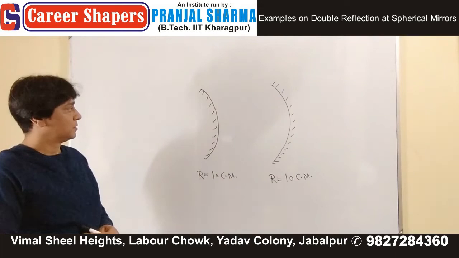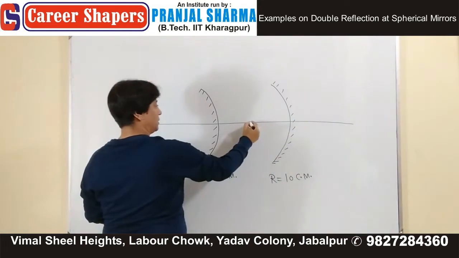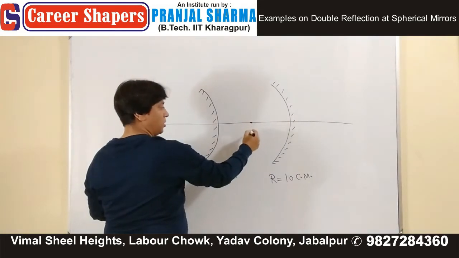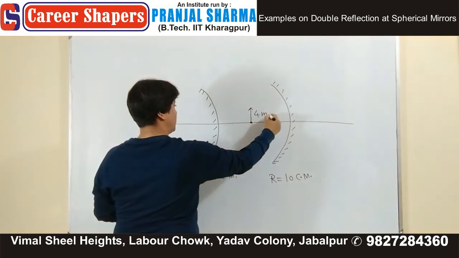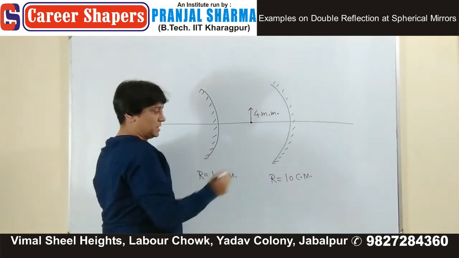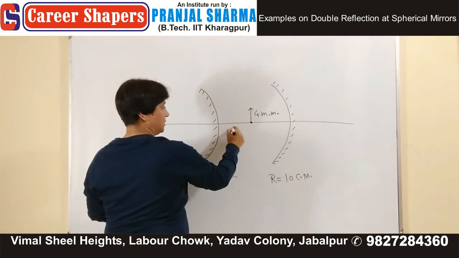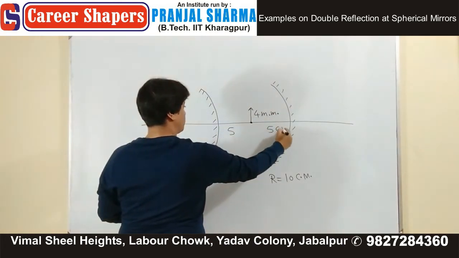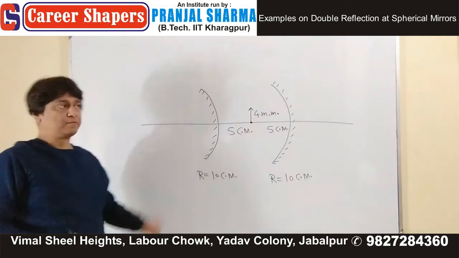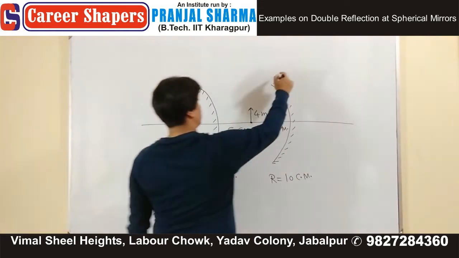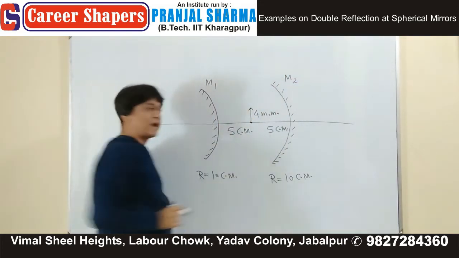An object of 4 mm height is placed at a distance of 5 and 5 from both mirrors. Call it M1 and this is your M2.